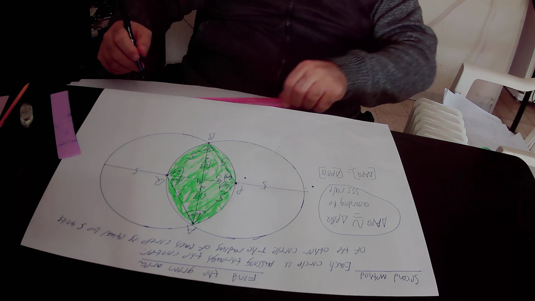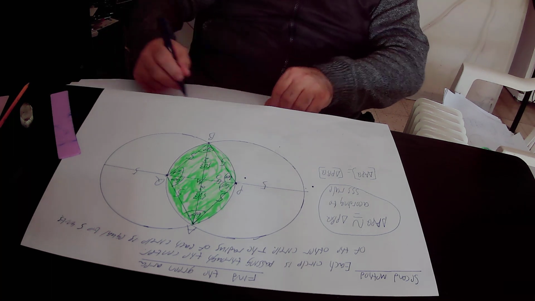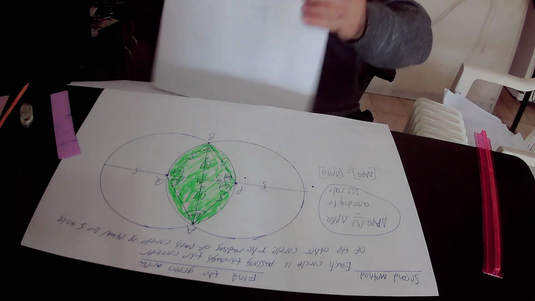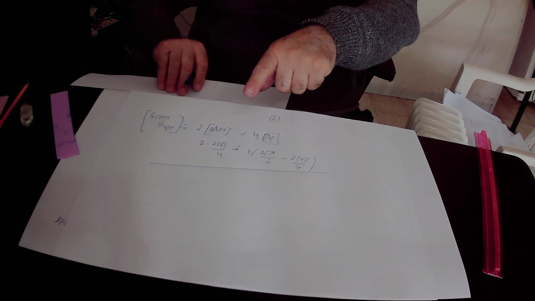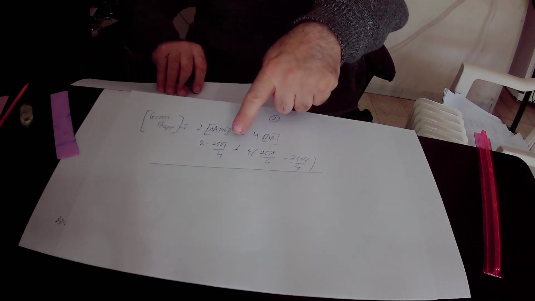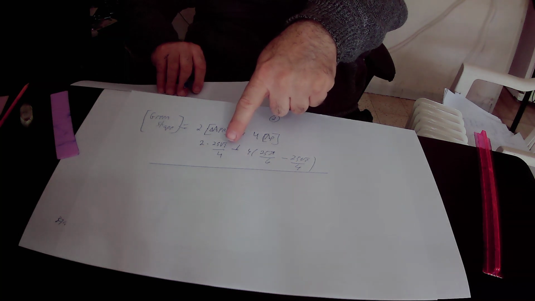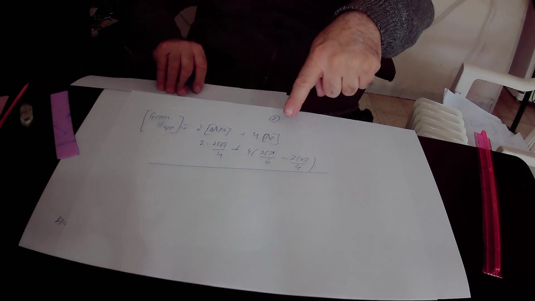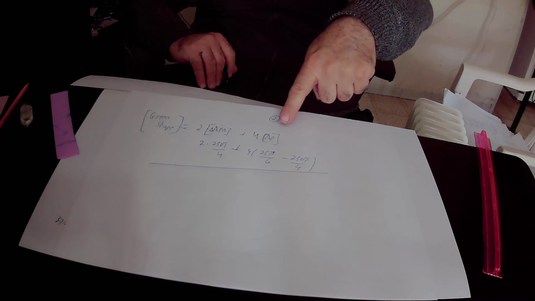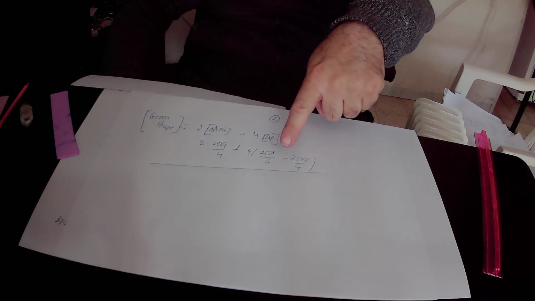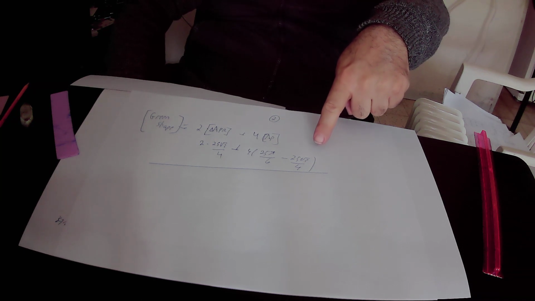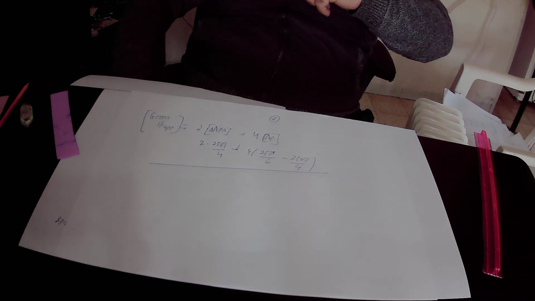So, in conclusion, the area of the green shape equals 2 times the area of triangle APQ, that is 25 times square root of 3 over 4, plus 4 times the area of segment AP, which equals 25 pi over 6 minus 25 square root of 3 over 4.